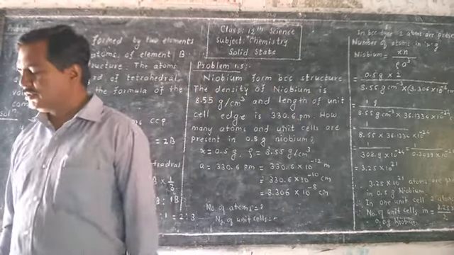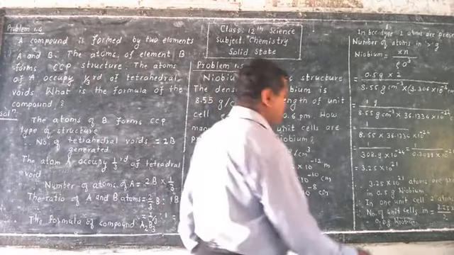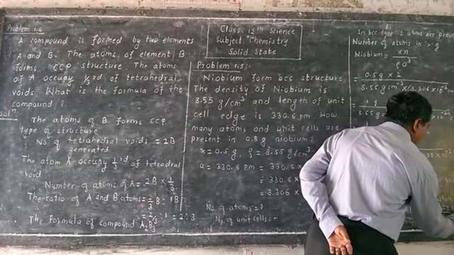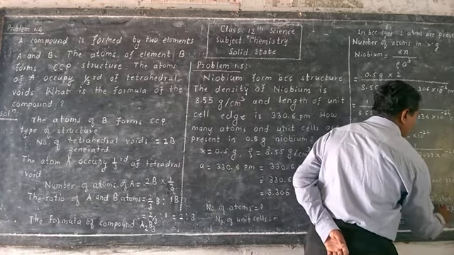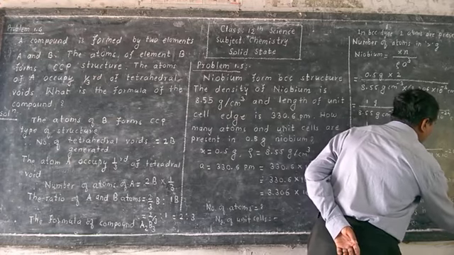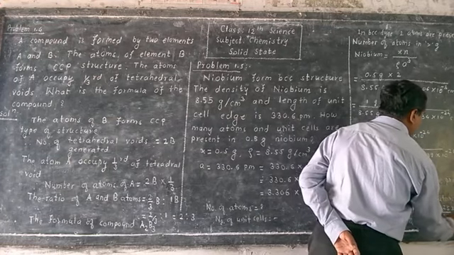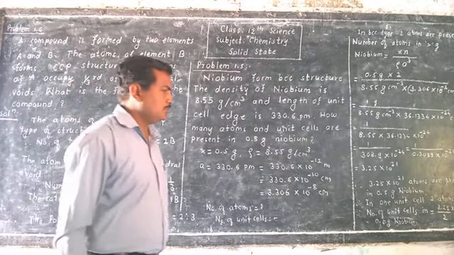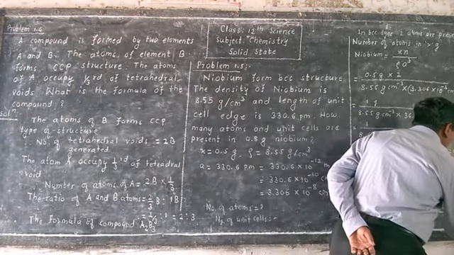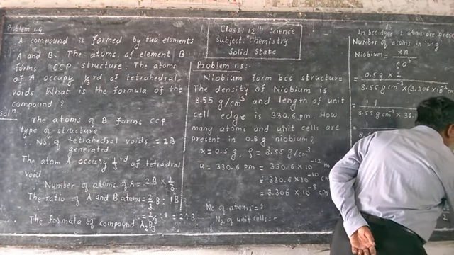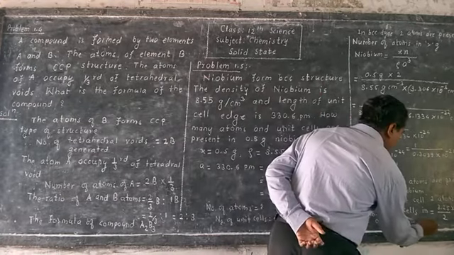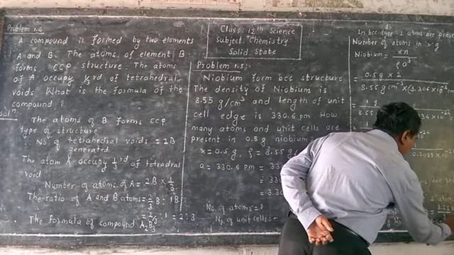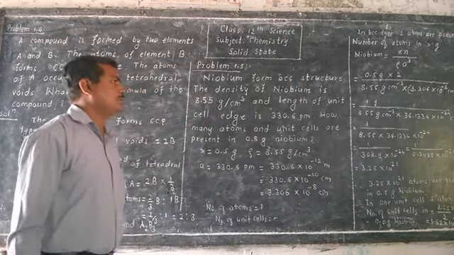After calculation, we get 1.62 into 10 raised to power 21 unit cells.